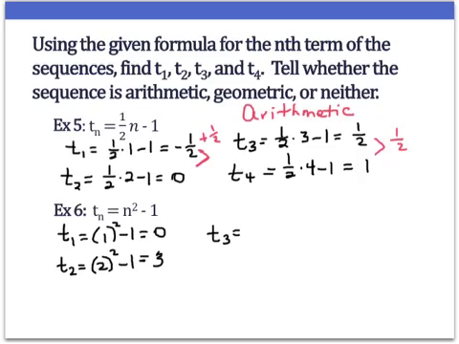T3: square it, subtract 1, that's 8. Now before I go any further, what I see is this difference is 3, but the difference between 3 and 8 is 5. That's not arithmetic. Let's keep going. T4: 4 squared minus 1 equals 15.